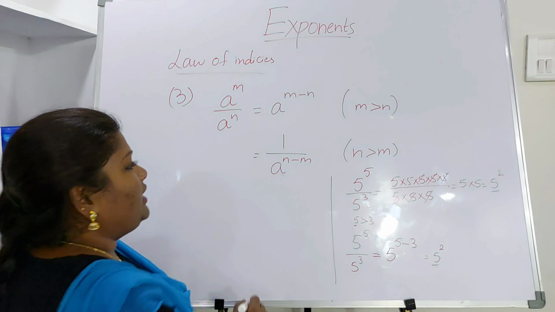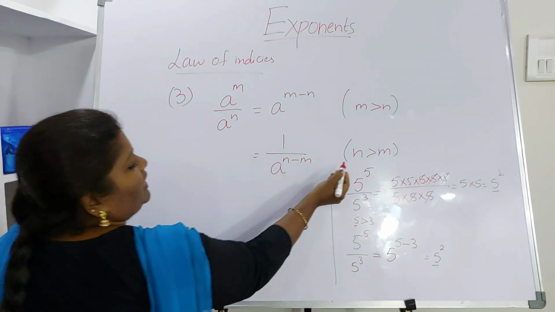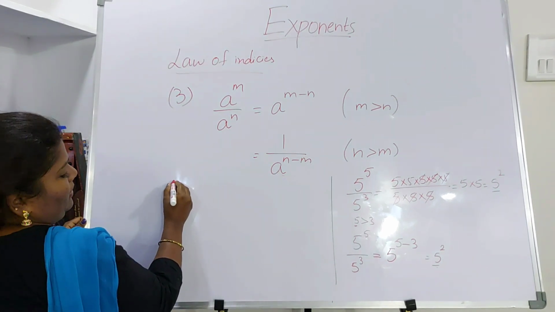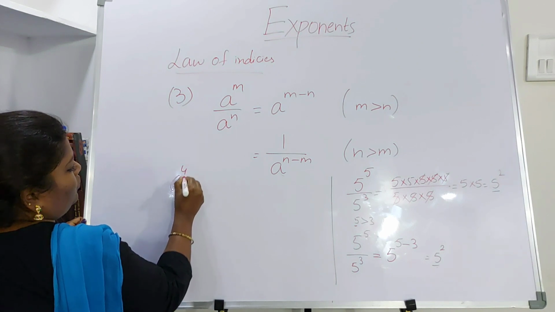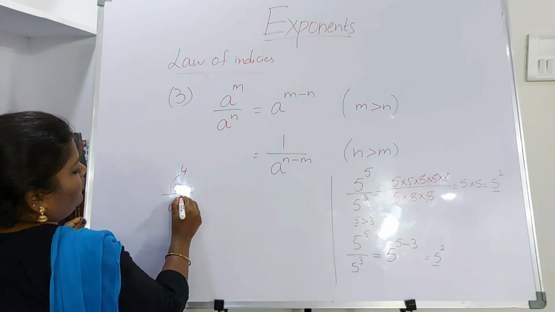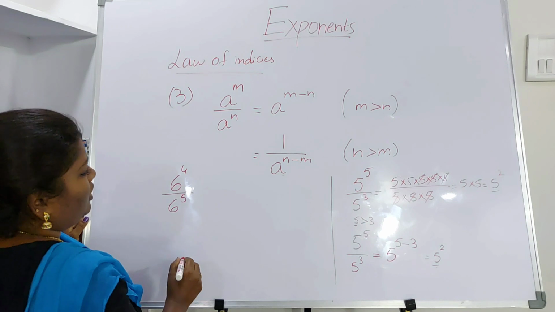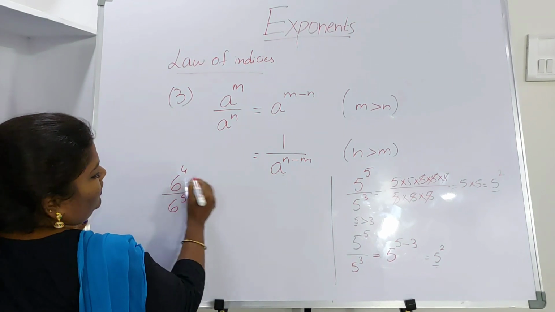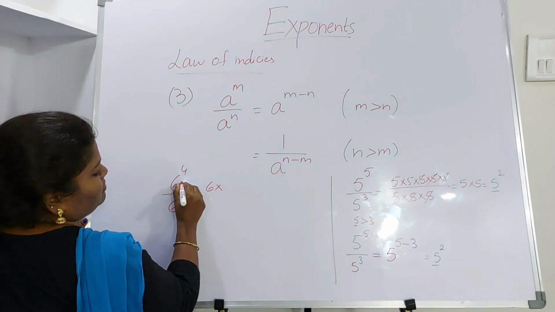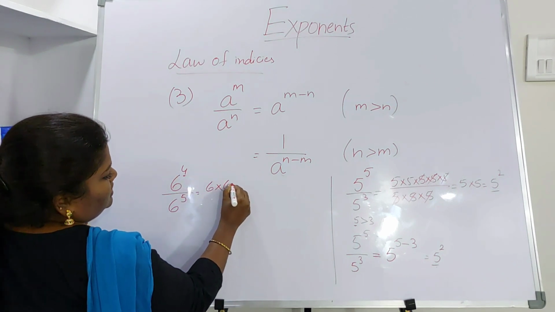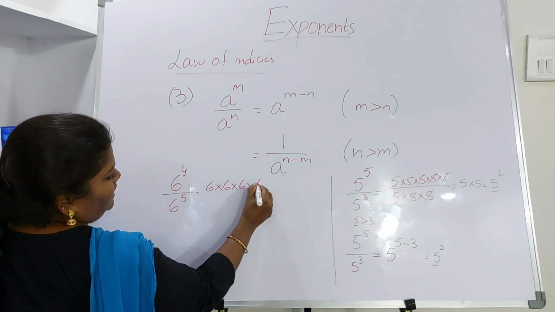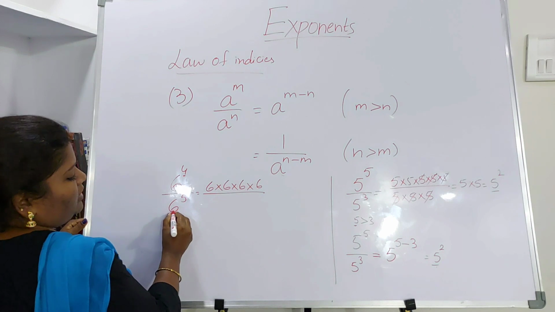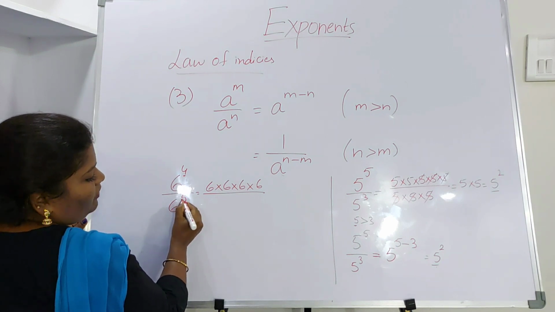Now let me take an example where n is greater. So 6 to the power of 4 by 6 to the power of 5. Now here without the formula, we do 6 into 6 multiplied 4 times by 6 multiplied 5 times.